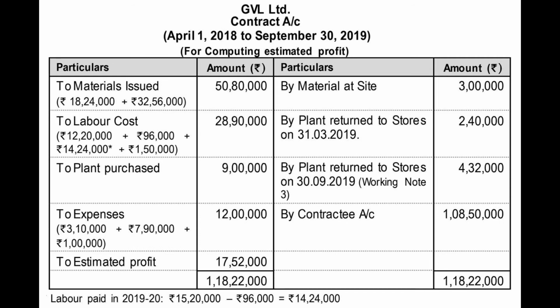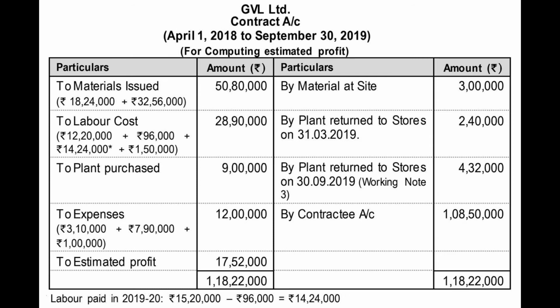Then 2, labor cost. Labor cost actual is given and estimated is also given. So open the bracket, add all the things. 2, labor cost 12,20,000 plus 96,000 plus 15,20,000 minus 96,000 plus 1,50,000. Why? Because the 15,20,000 estimated expenditure of labor given in 2019-20 is also considering outstanding expenditure given in actual column.